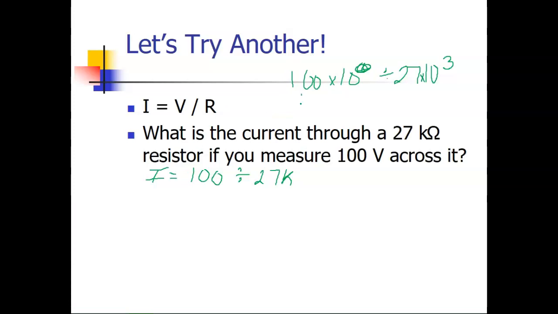You can put it as 100 divided by 27,000. Either way you look at it, guys, you're still going to end up with something along these lines.